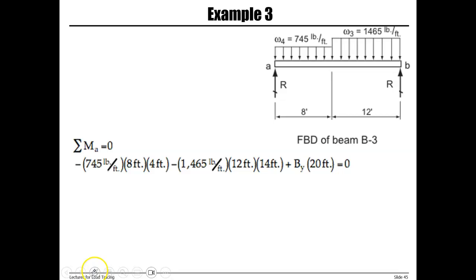So we have point A and B. We're going to call this BY and this one AY. These are not equal to each other. And we're going to use equations of equilibrium. We're going to write sigma M, sum of moments around point A, is equal to 0.